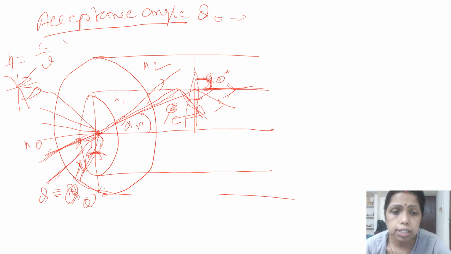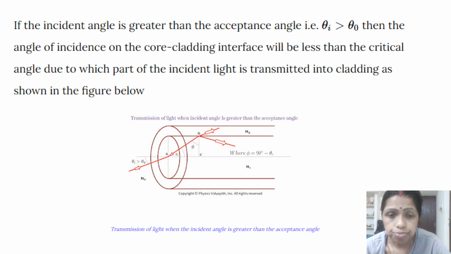So when it is incident like this way, it may have a chance to reflect like this way. I can show you the diagram. You can see it is greater than theta I. Like this way it is refracted out of the core.